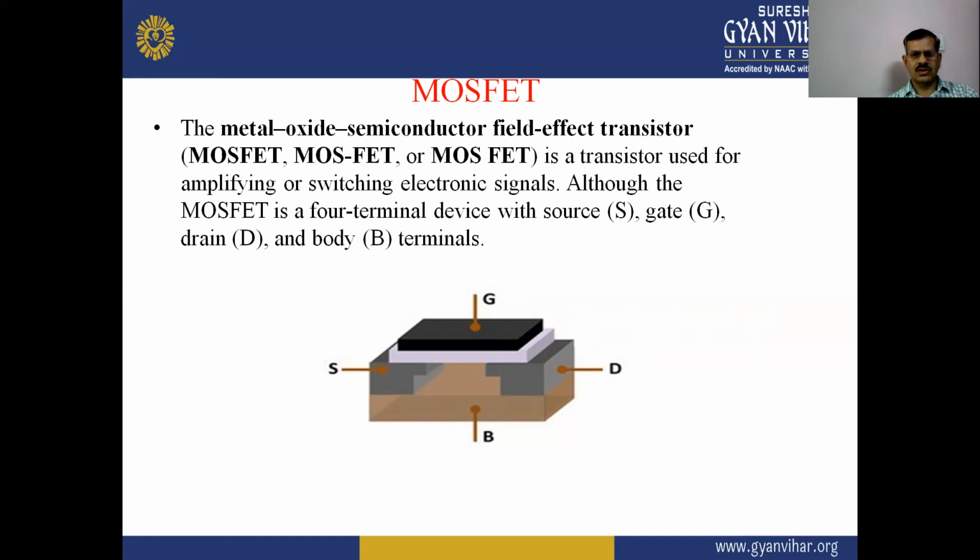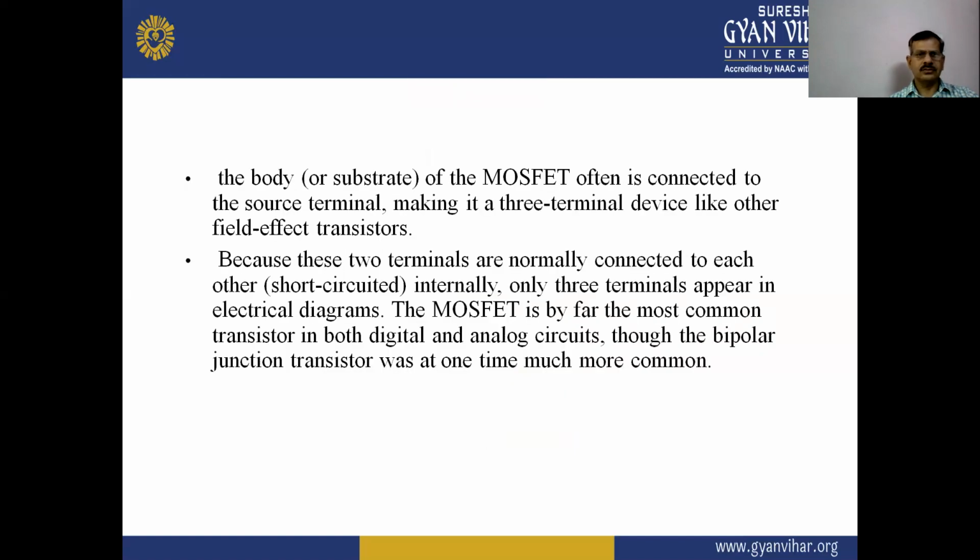And we can also see this in this diagram of the MOSFET, with source, gate, body, and drain terminals here. The body or substrate of the MOSFET often is connected to the source terminal, making it a three-terminal device like other field effect transistors.